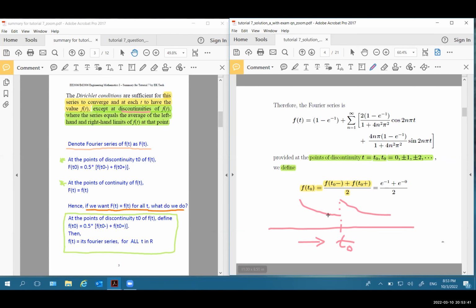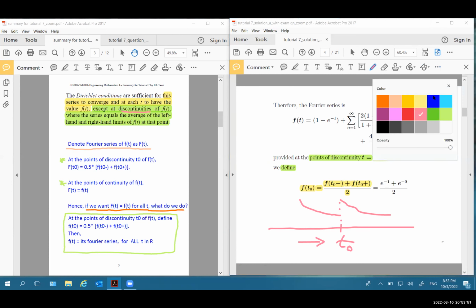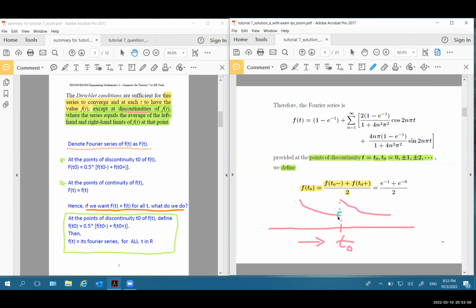If you look at this diagram, you can see already: you approach closer and closer to t0 from here. Then the value is here. This is your f(t0 minus).